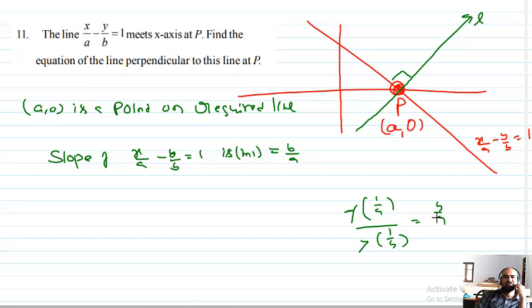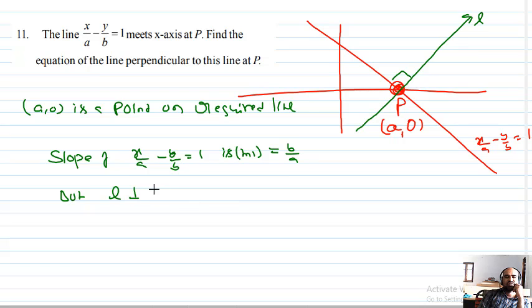So b by a only. Anyway, you get the slope b by a only. Okay. But L is perpendicular to the given line. So the slope of L equal to minus 1 by the slope of the given line.